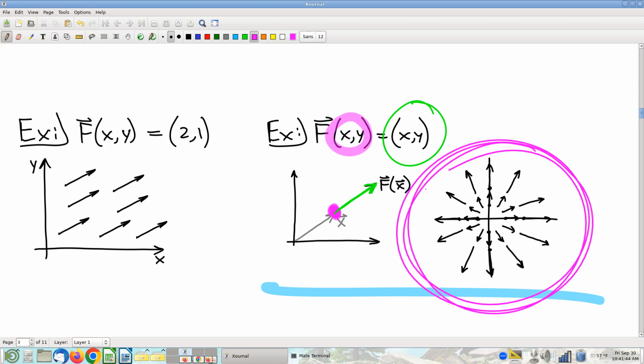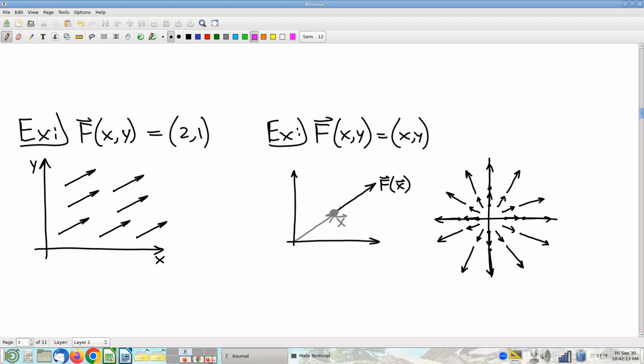So the further you get away from the origin, the longer the field vectors are. What do you think? Okay. Cool. Yes? So at 0, there should just be no vector? At 0, no, there is a vector there. The vector is the 0 vector. Yep. That's right. All right.